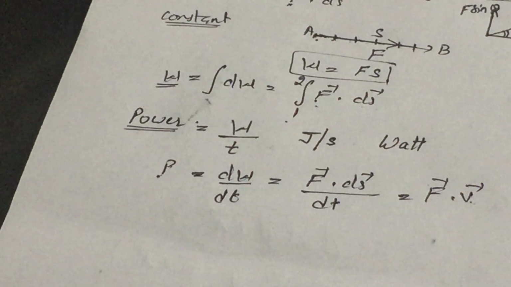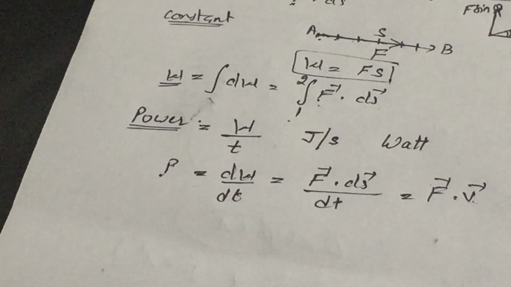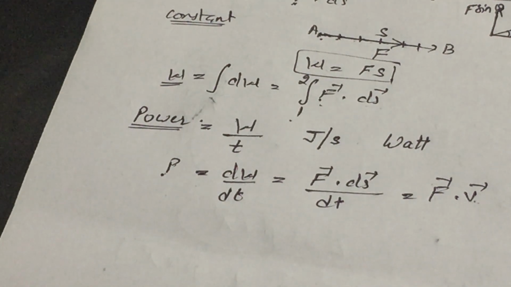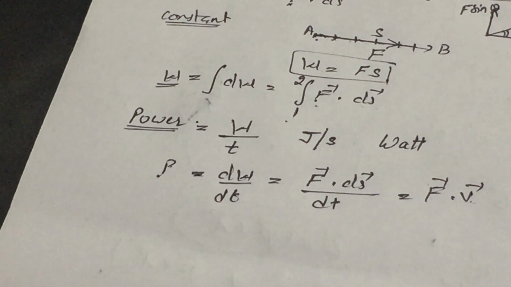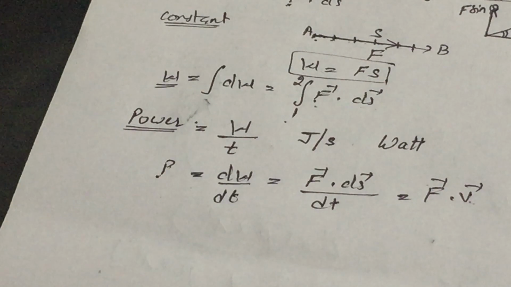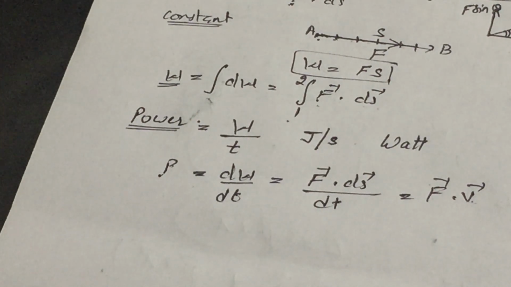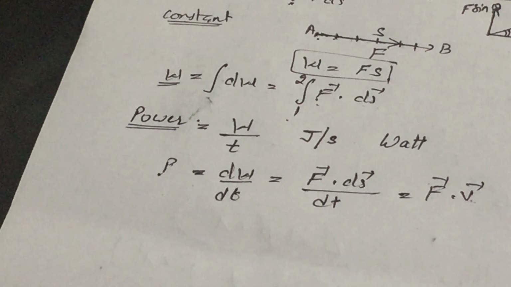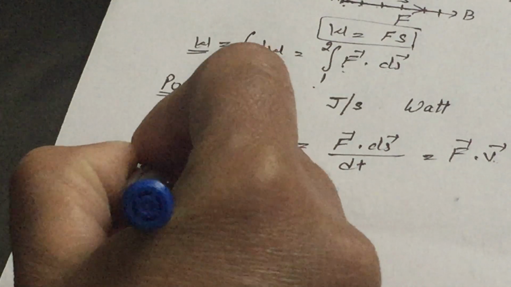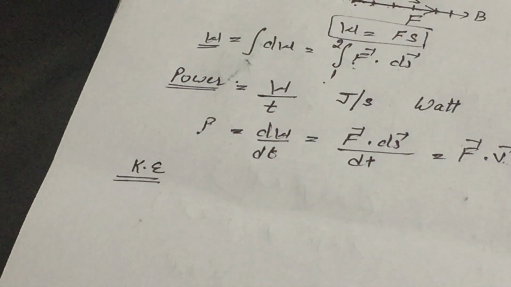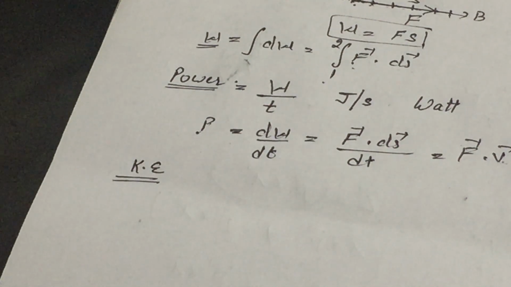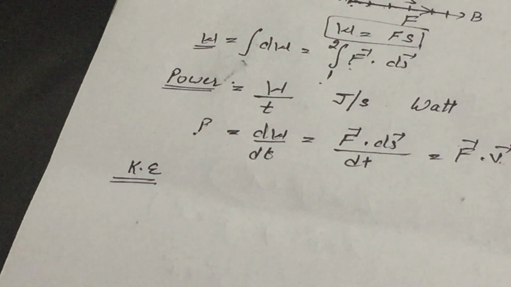Next topic of our interest is energy. Energy of a particle is its capacity of doing work, and it depends on whether the work is done by changing the velocity or by changing the position. Hence, energy is of two types. If the body is in motion, then the energy of the body is known as kinetic energy.